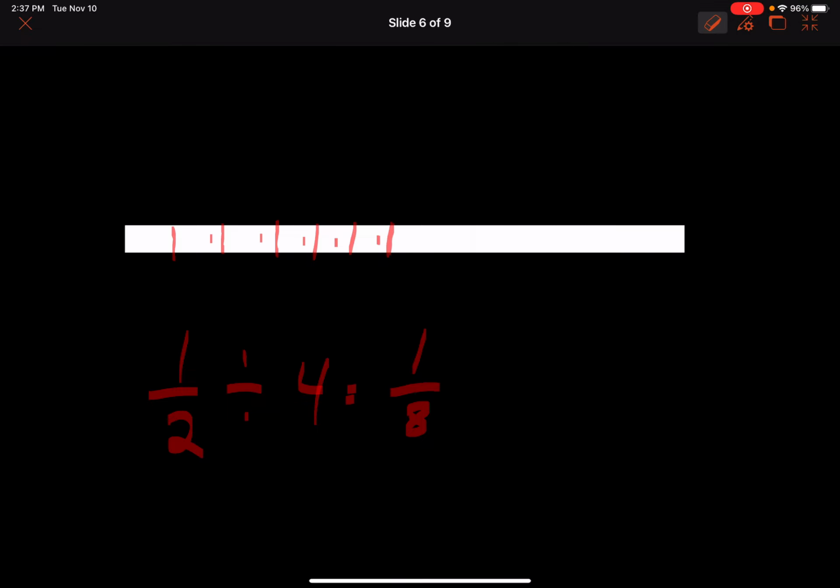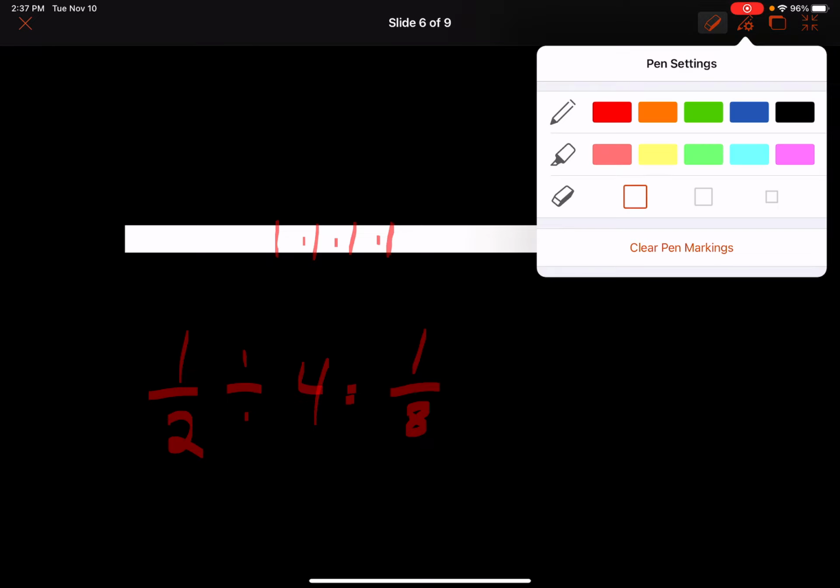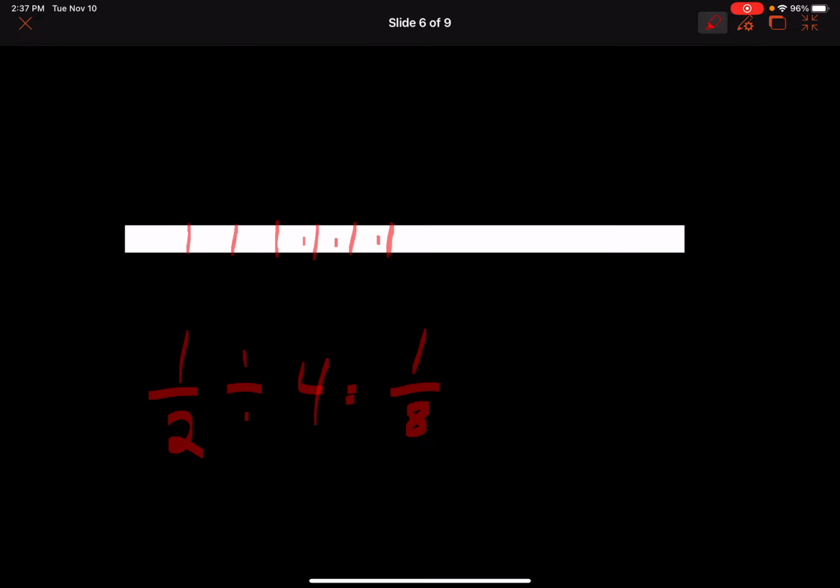I'll just do this. 1, 2, 3, 4, 5, 6, 7. Okay, so now I have the half, and I'm dividing it into 7 parts. And so now everybody that I share with is going to get one of those parts. And that is going to be 1/14.